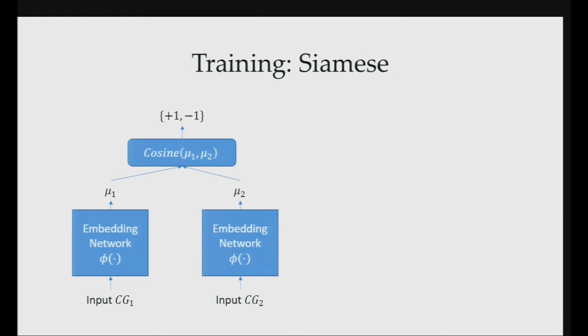So we need to develop a new approach to train that. Our approach is to use a siamese network to train, given two instances, whether they are similar. If this is the case, then the cosine similarity should be close to +1. If two instances are dissimilar, the cosine similarity of the embeddings should be close to -1.